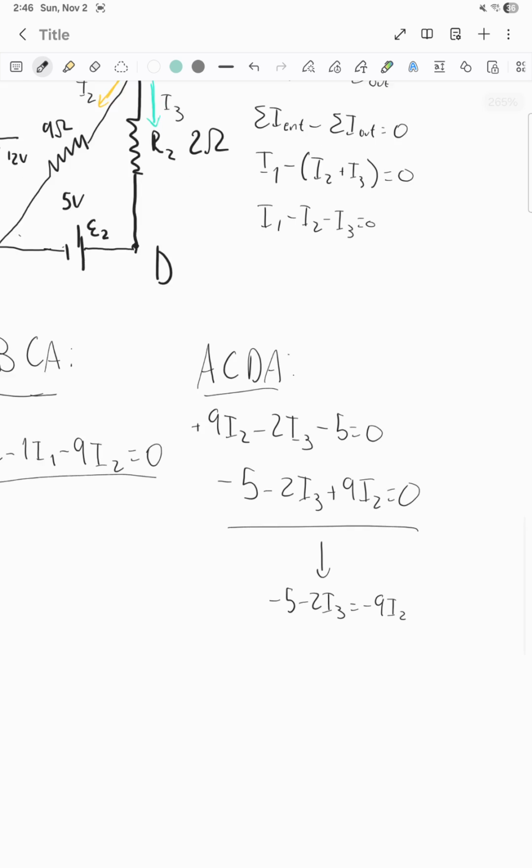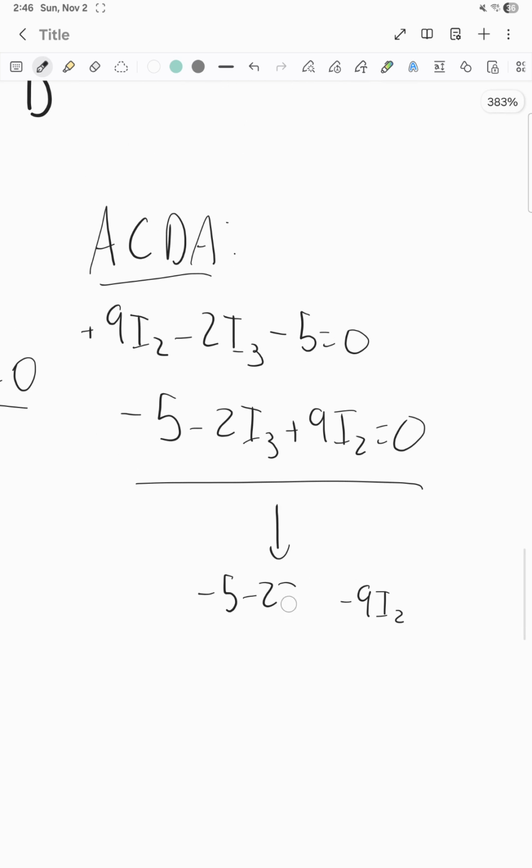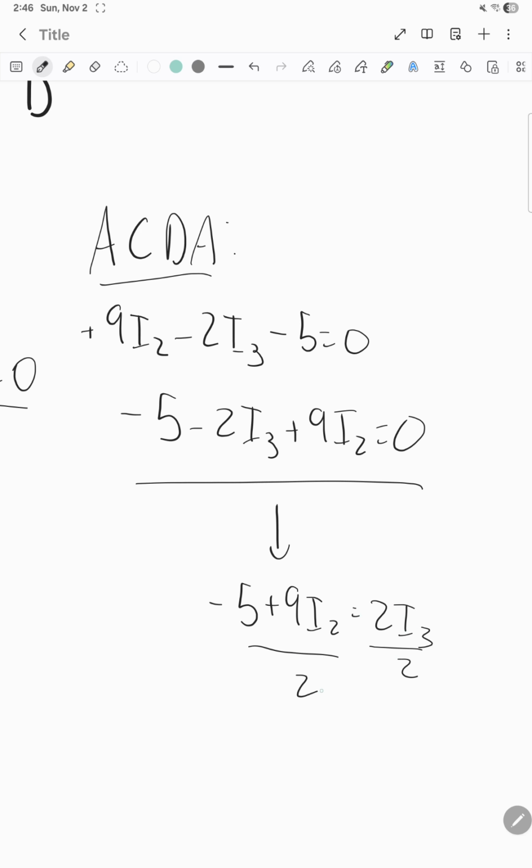So in this case, what if we isolate I3? We'll have minus 5 plus 9 I2, which is equal to 2 I3, divided by 2. And then you have minus 5 plus 9 I2 divided by 2 is equal to I3.